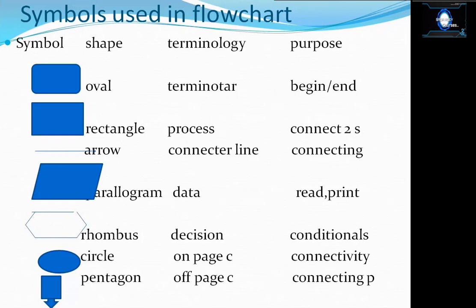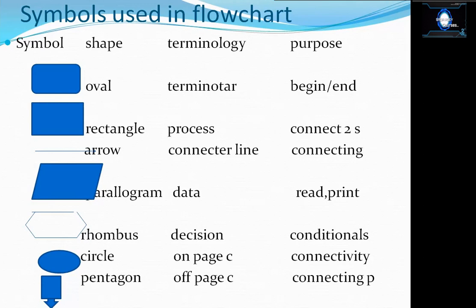Now going to the symbols used in a flowchart. The oval symbol is used for terminator, meaning beginning and ending, whereas the rectangle is used for process. The arrow is the connector line, used for connecting. The parallelogram is used for data, for read and print.